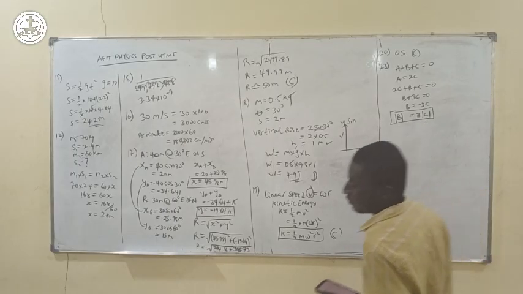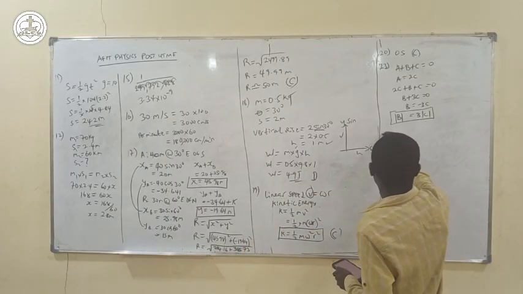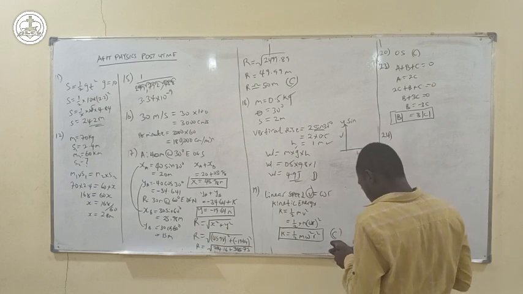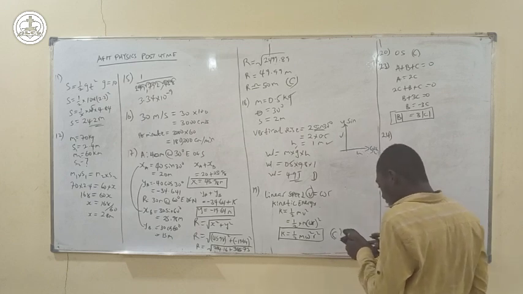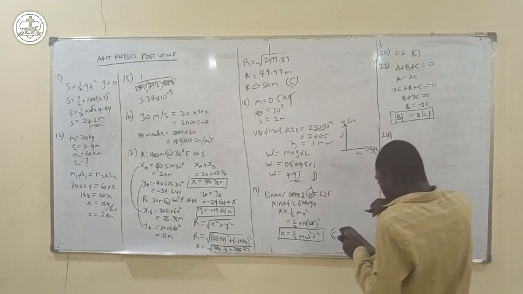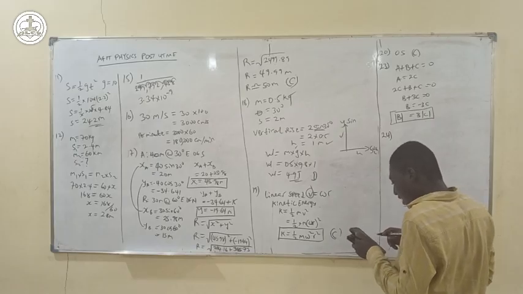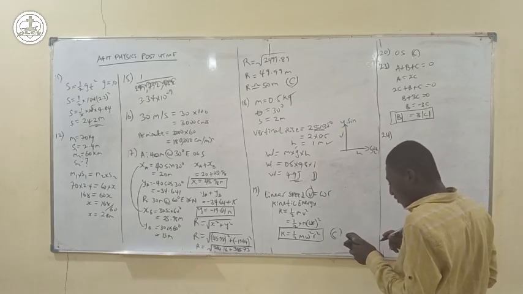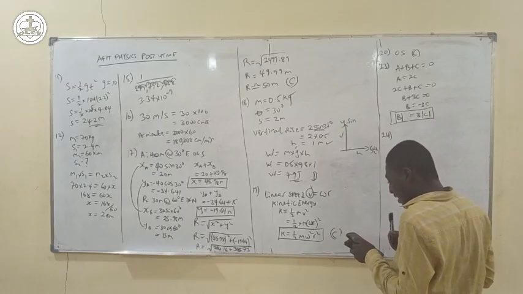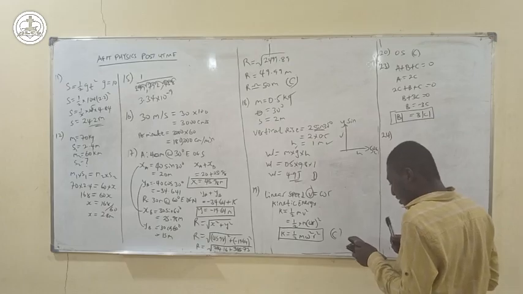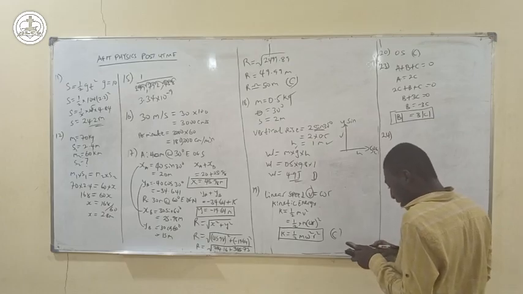Question 24 says, which of the following could be measured in the same unit as force? A. Energy over distance. B. Energy times distance. C. Energy over time. And D. Momentum over distance.